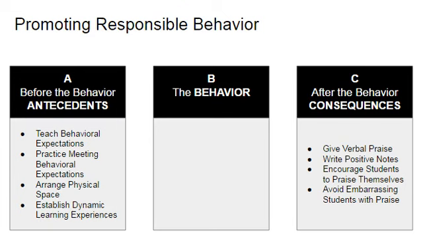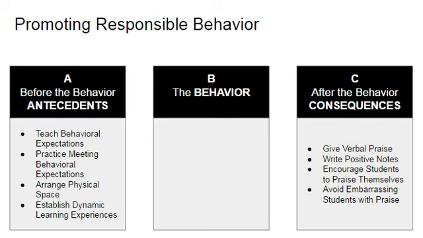When considering what influences a behavior, antecedents and consequences come into play. Initially, use effective instruction and set up conditions for students to be successful by promoting responsible behavior and discouraging irresponsible behavior. After a student action, ensure that the student experiences appropriate positive feedback when they engage in responsible behavior.